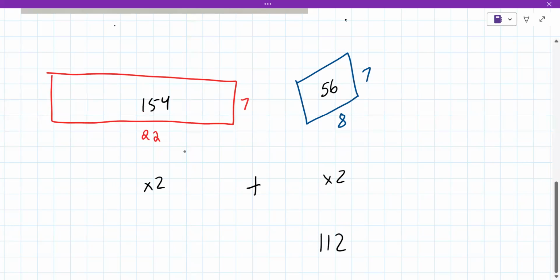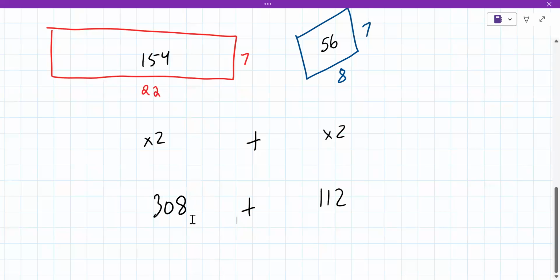But you have two of them. So what's 154 times 2? 308. Okay.